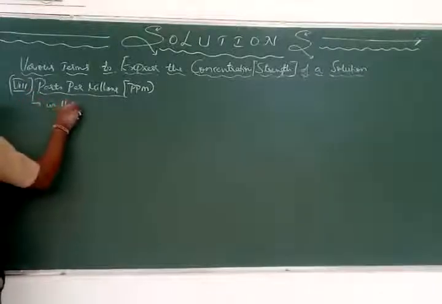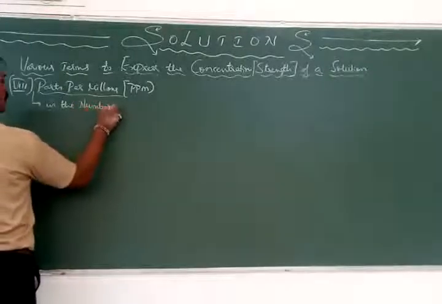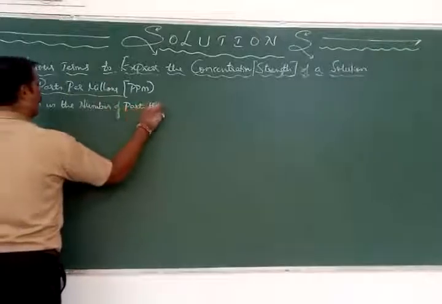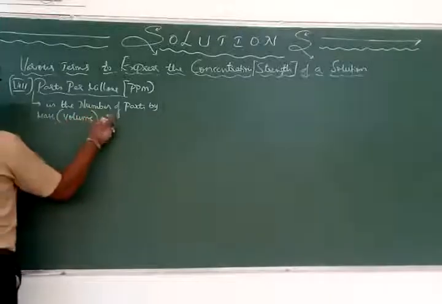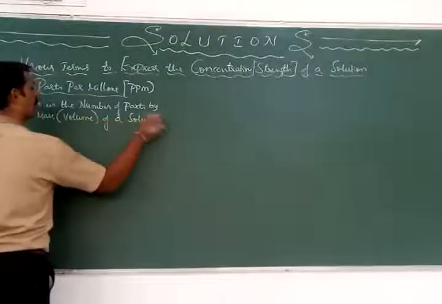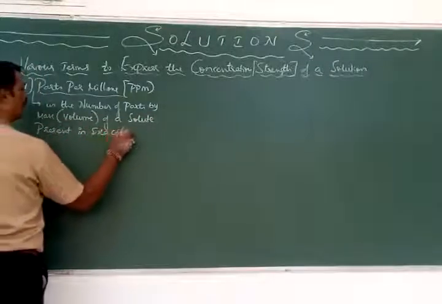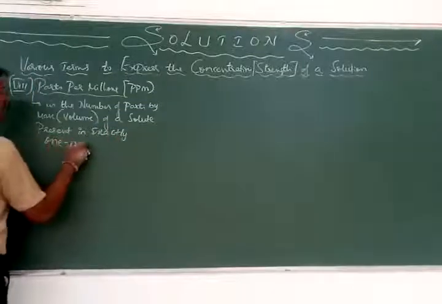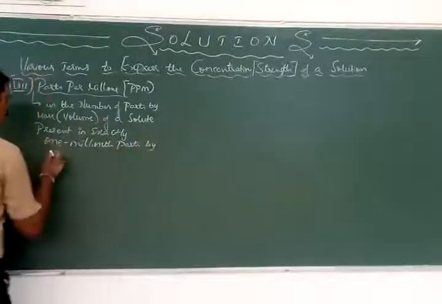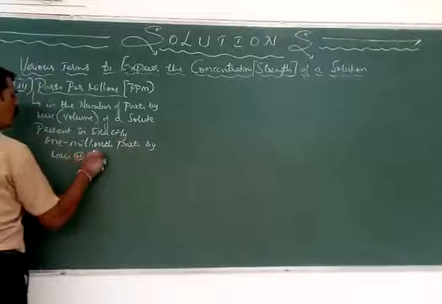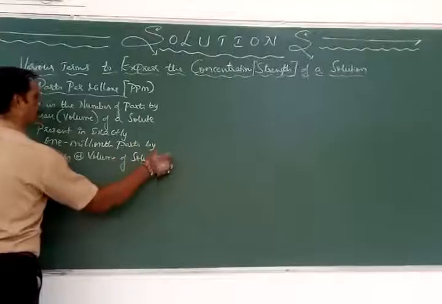It is the number of parts by mass or volume of a solute present in exactly 1,000,000 parts by either mass or volume of the given solution, then it is called which one?